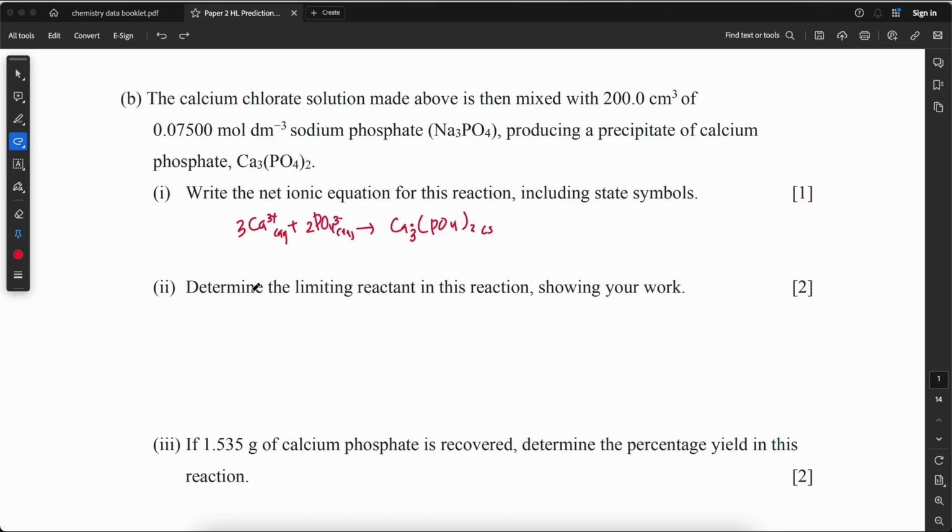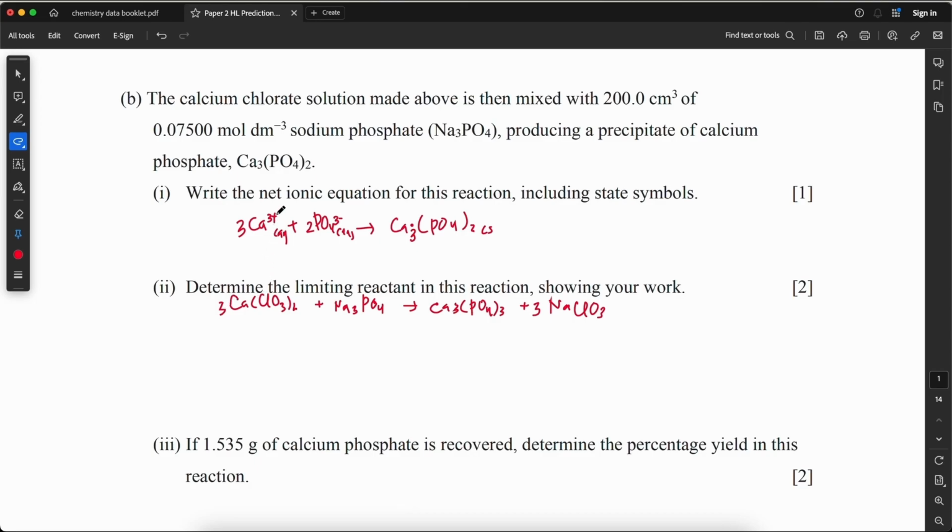So the equation would be Ca(ClO3)2, which is calcium chlorate, will react with sodium phosphate, producing calcium phosphate and sodium chlorate. So this should be 3 and this should be 3 as well.